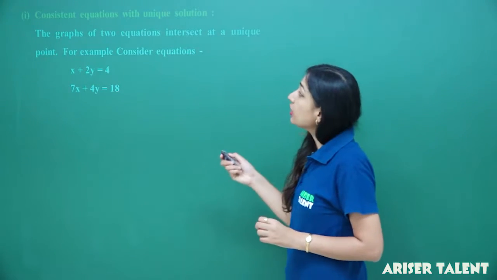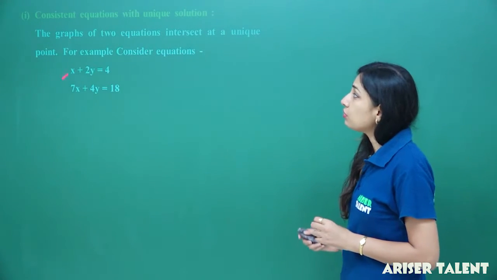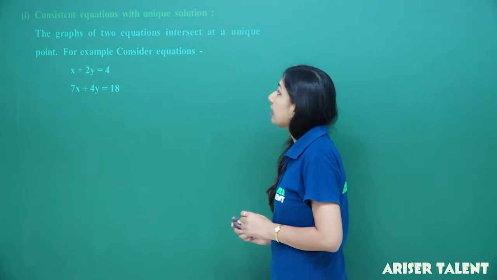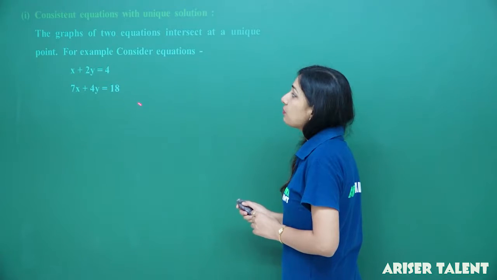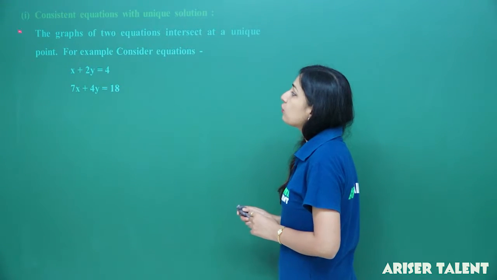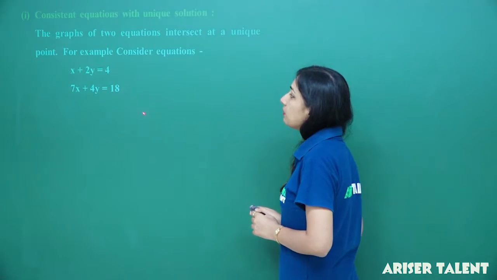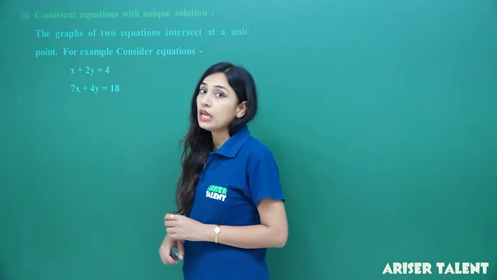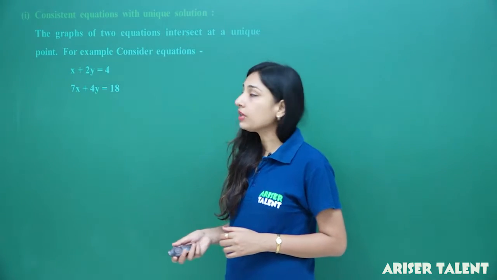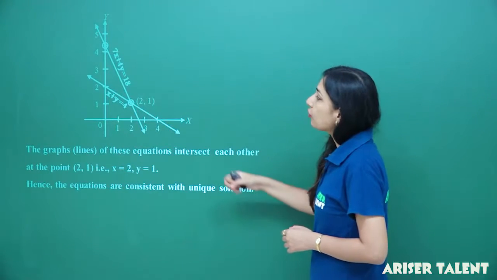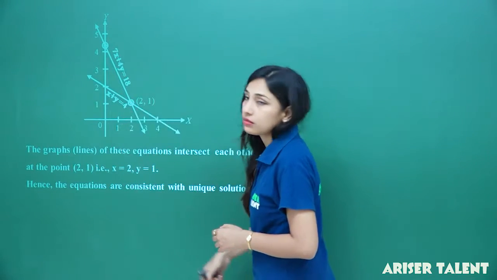Talking about a consistent equation with a unique solution, the graphs of the two equations intersect at a unique point. For example, consider the equations x plus 2y equals 4 and 7x plus 4y equals 18. We talked about these two equations and plotted a graph like this.